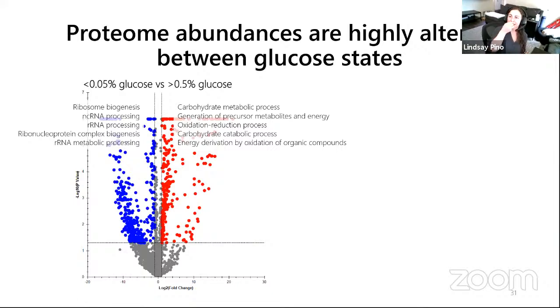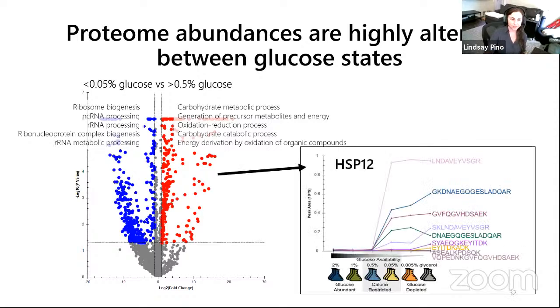So these make sense in the context of the glucose level, but didn't make sense in the context of lifespan extension in yeast. Some of the proteins that we did see with increased abundance in the low glucose sample are documented as having lifespan extension properties under calorie restriction conditions.